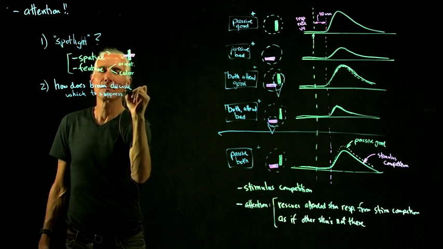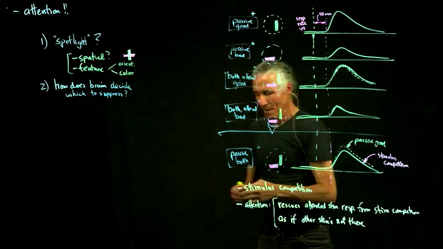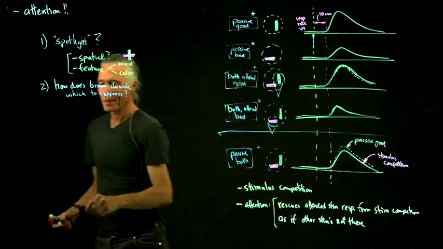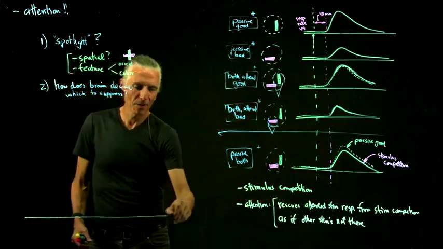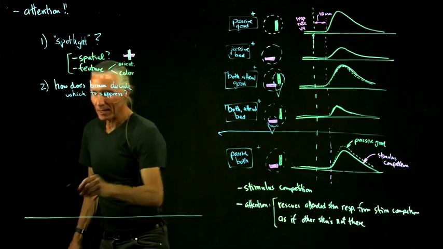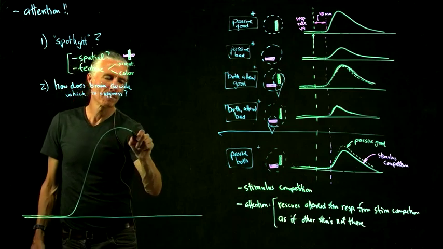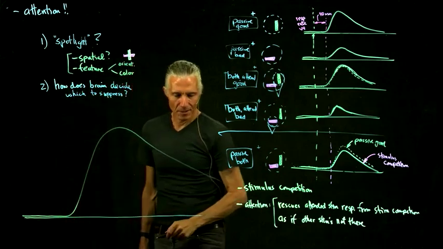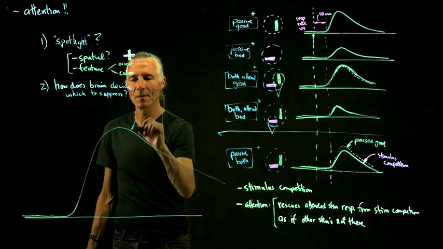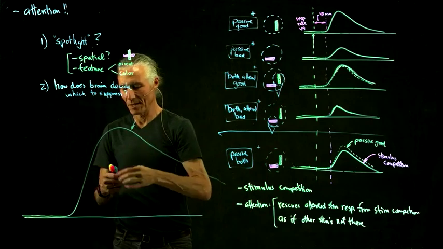That's actually a problem. So what we can do is blow it up and draw all the graphs on the same page. We'll start off with the response to the good one. So this is passive good.